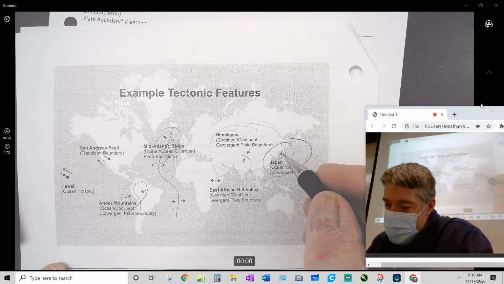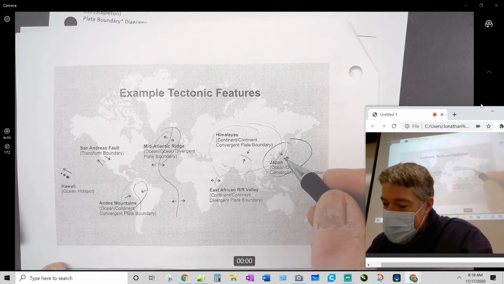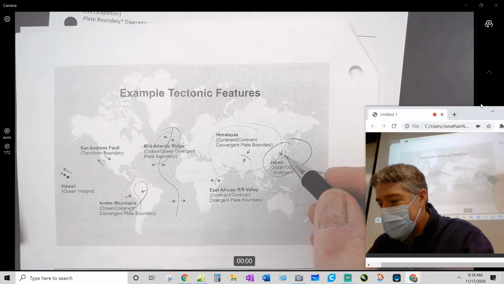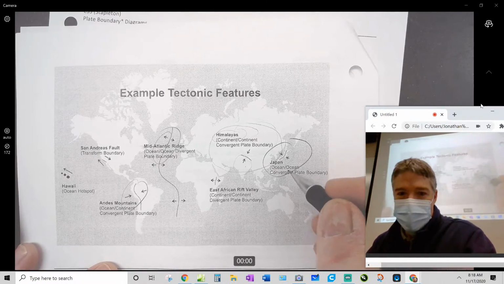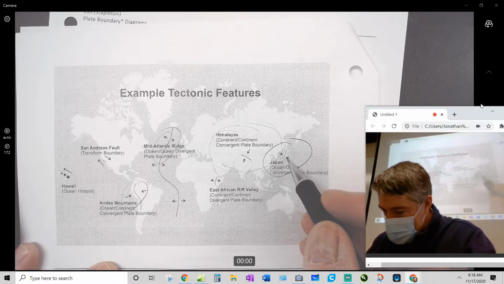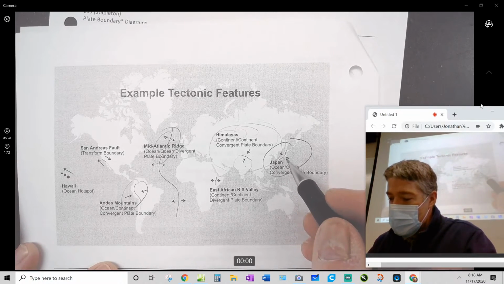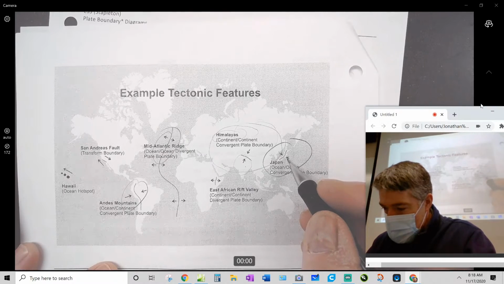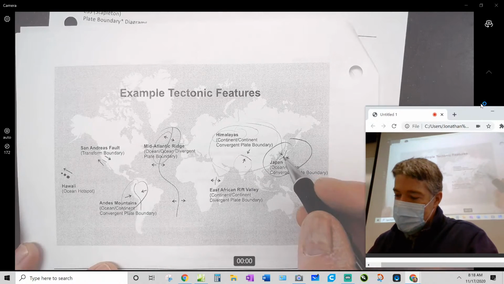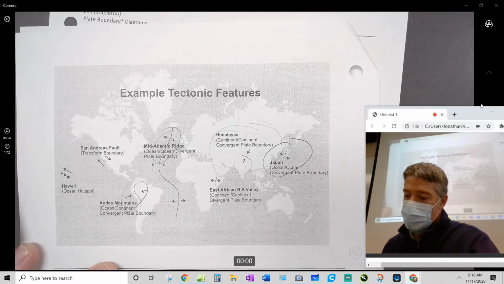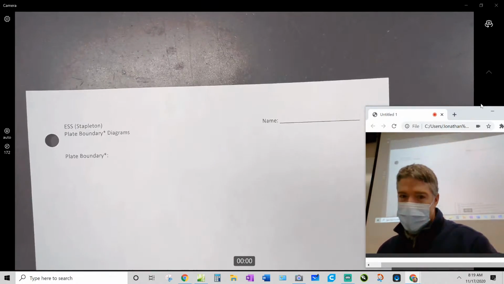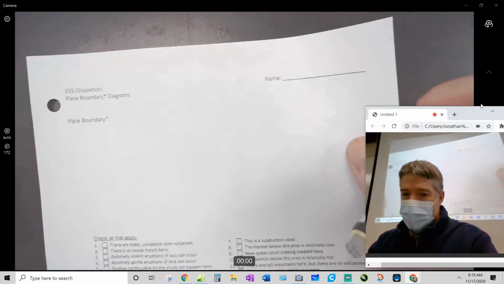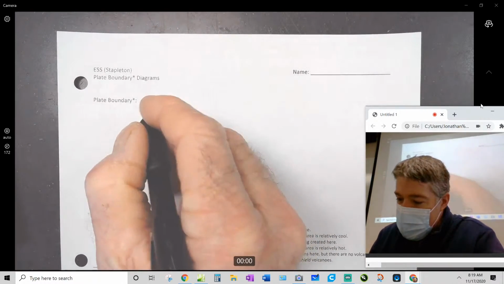The ocean between Asia and Japan is called the Sea of Japan, but out here is the Pacific Ocean. So there are 2 plates coming together, both ocean plates, and they're convergent. So Japan is an ocean convergent plate boundary. So the kind of plate here is ocean convergent.